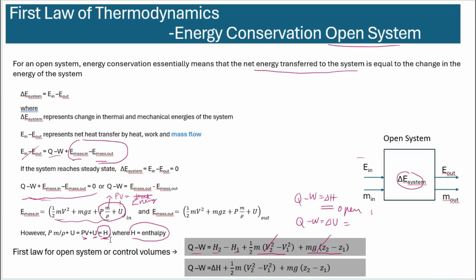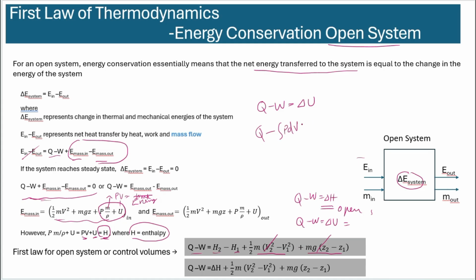So what that means is, suppose Q minus W is delta U happening for a closed system. In this system, you could potentially say work can be replaced by integral PdV.